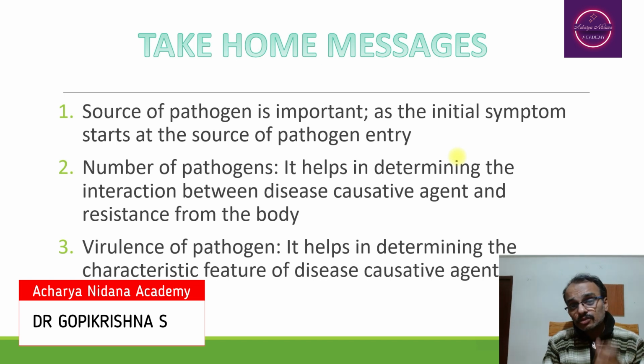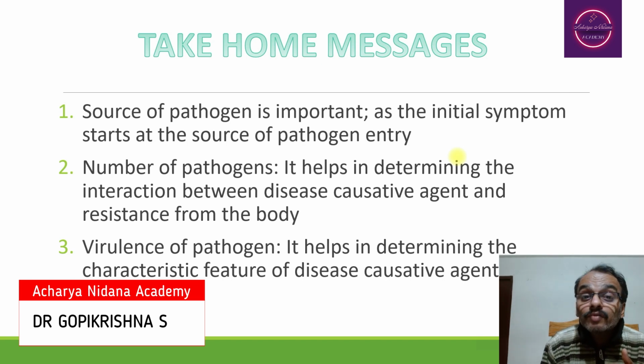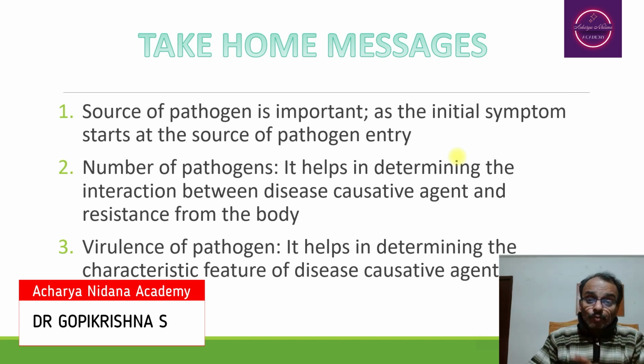If the number of pathogens is one or few, then that may produce milder symptoms. If the number of pathogens is much larger, that produces much more severe symptoms. And the third one, the virulence of the pathogen, is helpful in determining the characteristic feature of the disease causing agent.